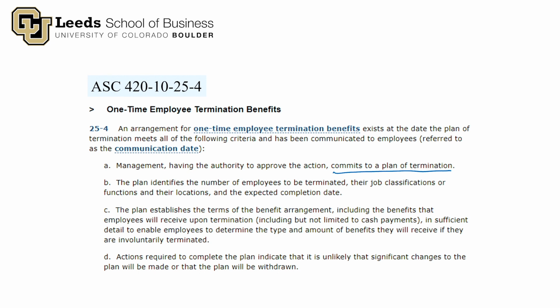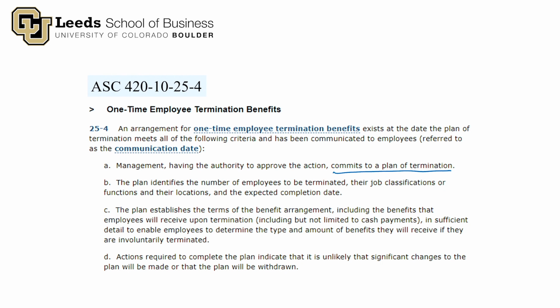The next is that the plan, the layoff plan, identifies the number of employees to be terminated, their job classifications or functions, and their locations, and the expected completion date of the layoffs. The plan establishes the terms of the benefit arrangement, including the benefits that the employees will receive upon termination, including but not limited to cash payments, in sufficient detail to enable employees to determine the type and amount of benefits they will receive if they are involuntarily terminated.